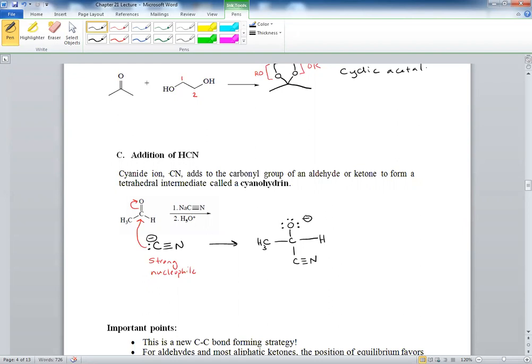And of course, what would happen next is a protonation. So we have the acid. Here it is.